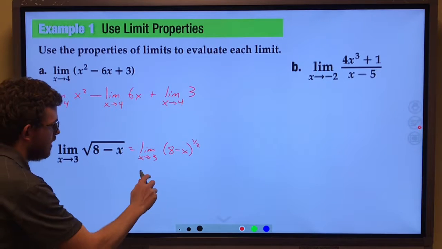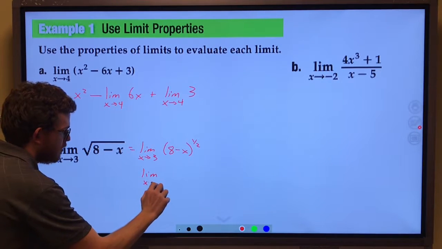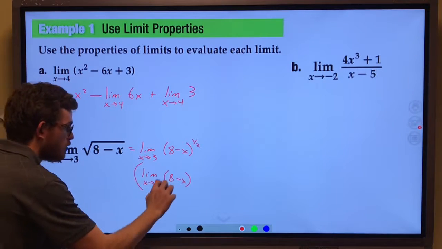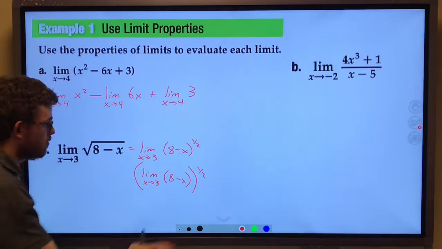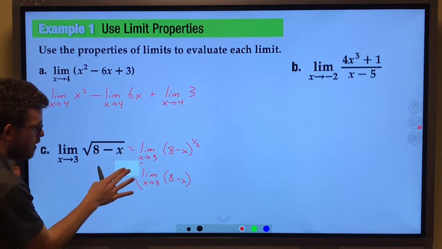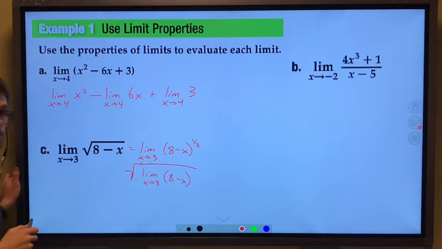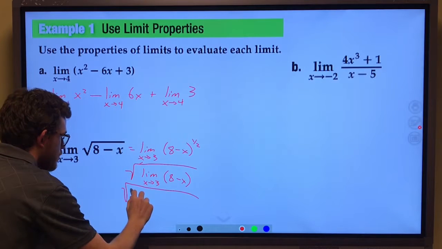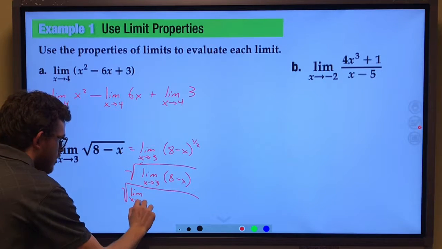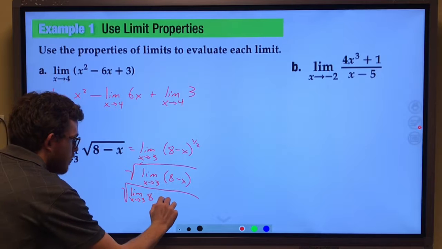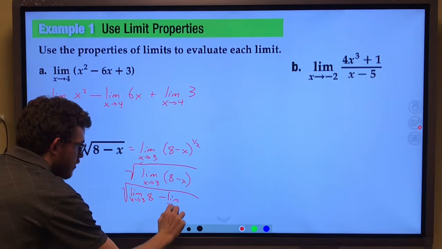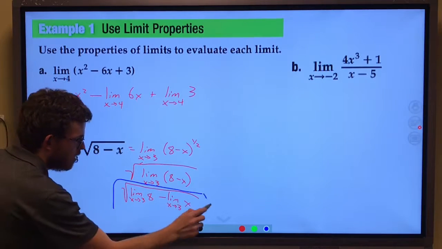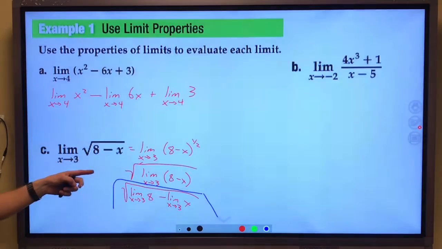So you could rewrite this as the limit as x approaches 3 of 8 minus x, this whole thing raised to the power of 1/2, or the whole thing taking the square root. And of course we could break this down to be the square root of the limit as x approaches 3 of 8 minus the limit as x approaches 3 of x. So we could break it down to that from the original.